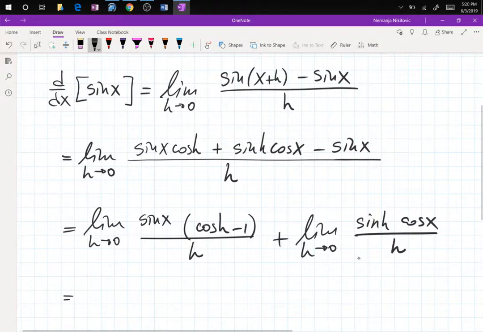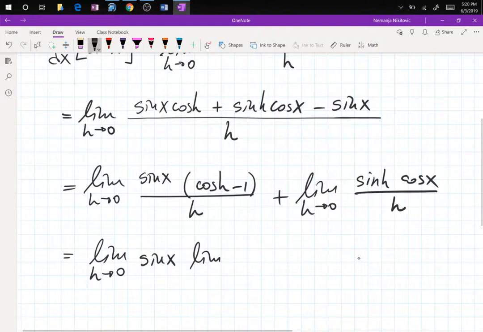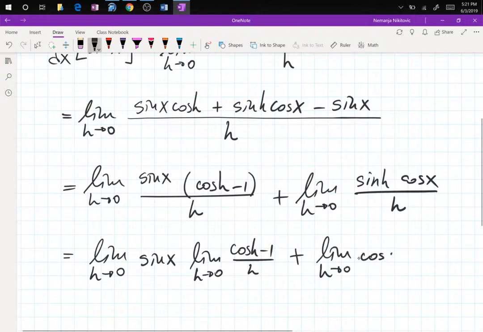Now, we know that for limits, we can separate multiplication as well. So I have the limit of sine x times the limit of cosine h minus 1 over h as h goes to 0, plus the limit as h goes to 0 of cosine x times the limit as h goes to 0 of sine h over h.